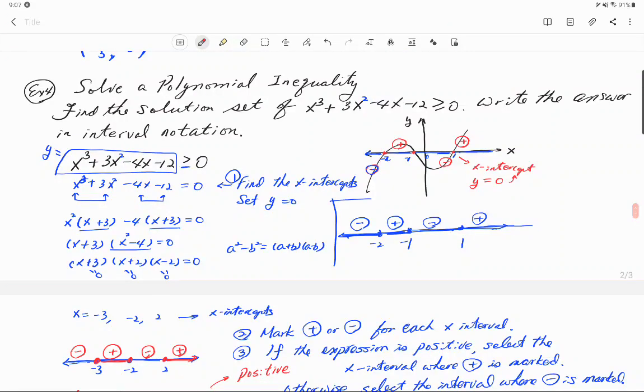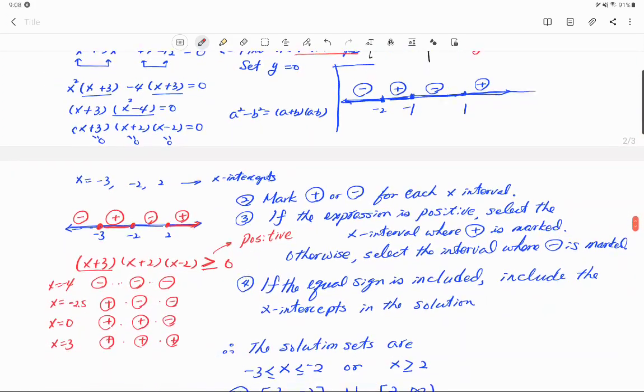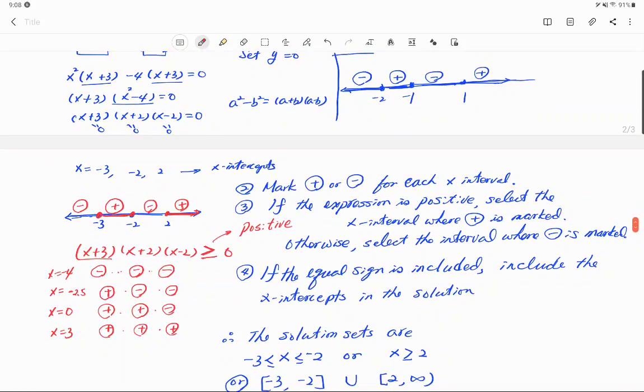Okay, let me summarize this again. First, we need to find the x-intercepts. The x-intercepts are sometimes called the critical numbers or critical values. Once you find them, write them on a number line and mark them. Based on these x-intercepts, there are x intervals.